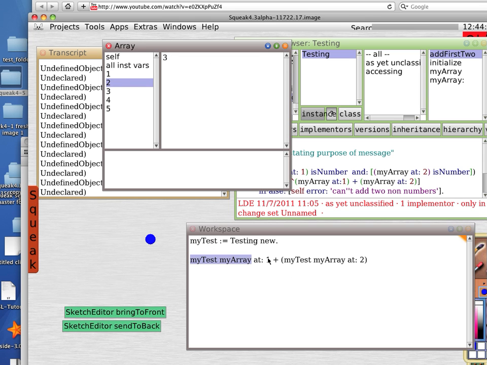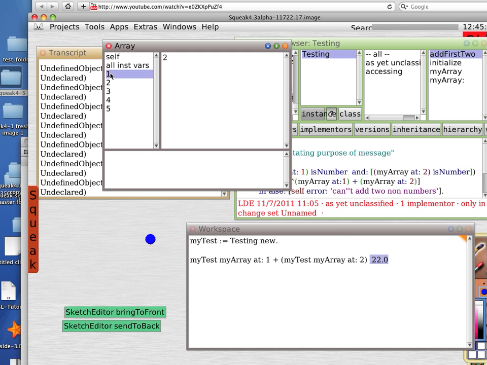So remember, we're dealing with the value 1, and then we're adding to it the value my array at 2, which is 3. So we're sending the message my array at 4 and getting back the value my array at 4. So sure enough, that's what we're getting.